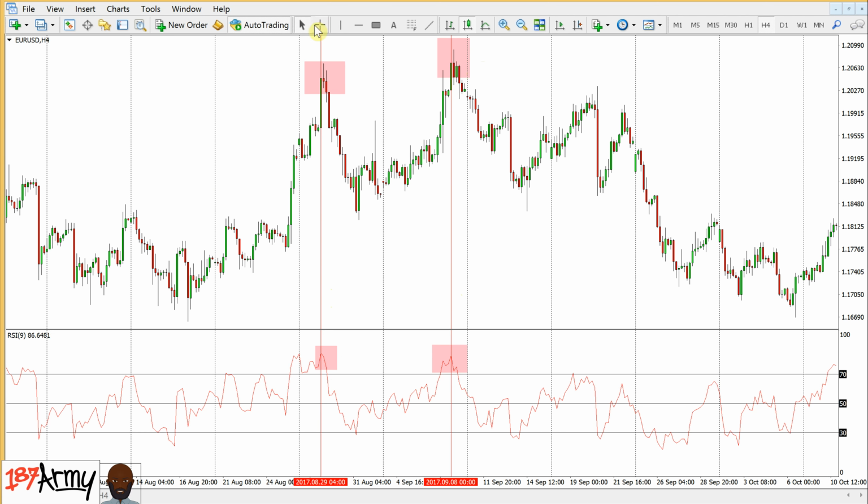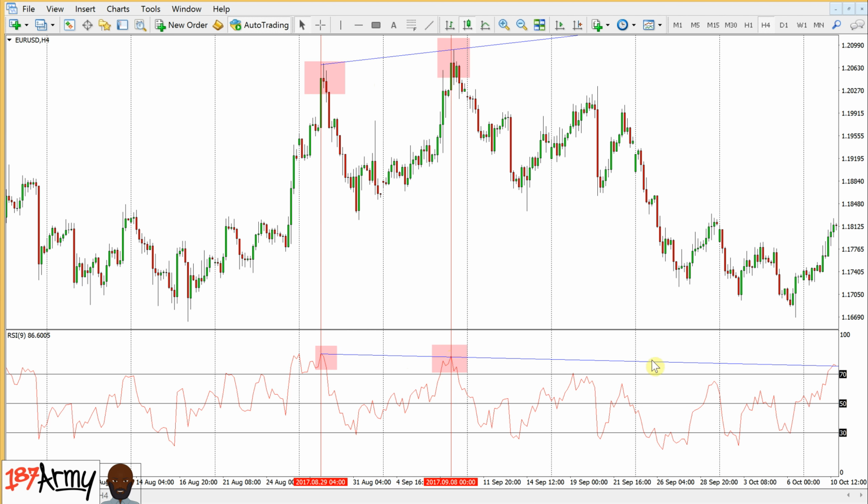So what I'll do now is use the trend line again. You always use the trend line and you connect it from the first high to the next high, and from the first high to the next high. So I'll do that now. You can see that this trend line is sloping upwards, and I'll do the same with the trend line on the RSI.